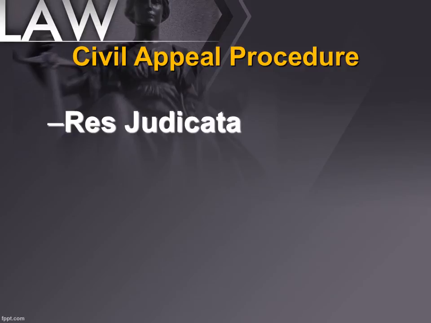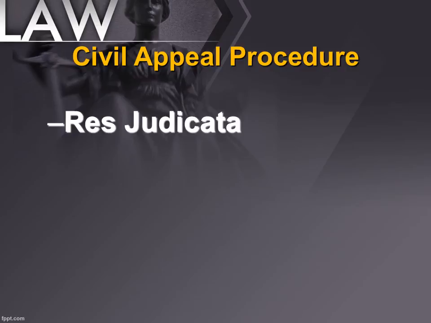Because here's the simple fact, ladies and gentlemen. In a civil trial, the court of first instance is the typical trier of facts. Anything beyond that is the trier of law. Factual issues are typically not presented on appeal.